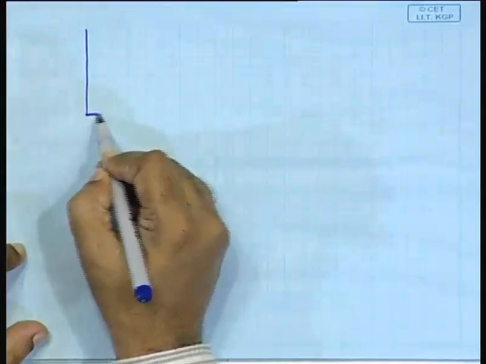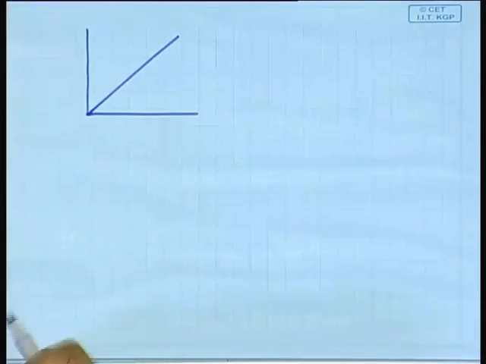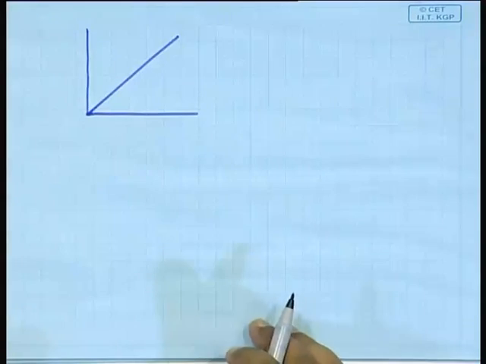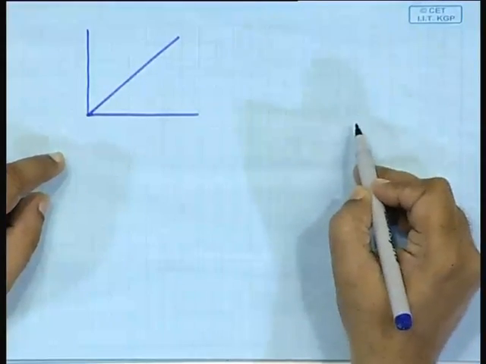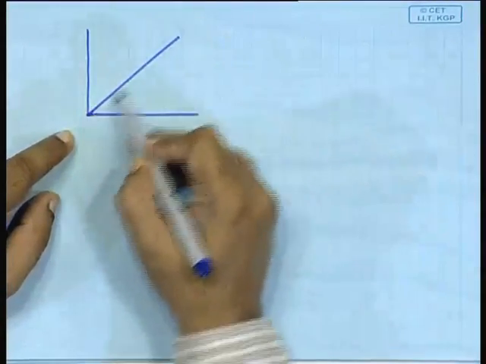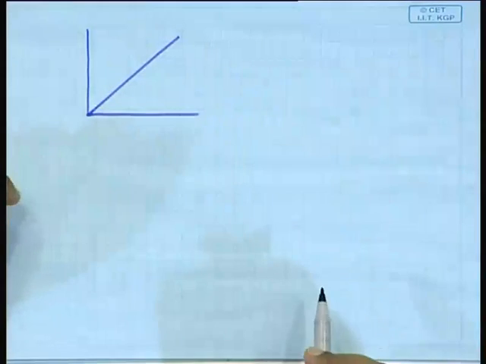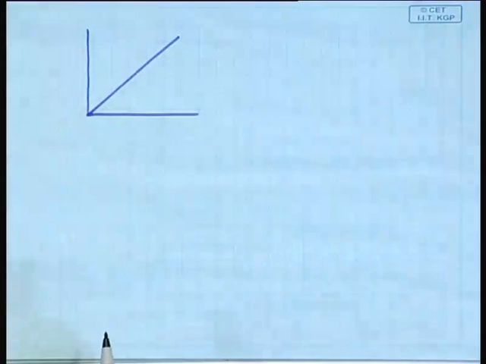What? Ramp. So, it could be a simple ramp function going on increasing. Yes, it is possible. Anything else? Or maybe a ramp that goes for some time and then goes like this, but nevertheless the solution will be obtained from here, just one, and then that will be repeated. Anything else?